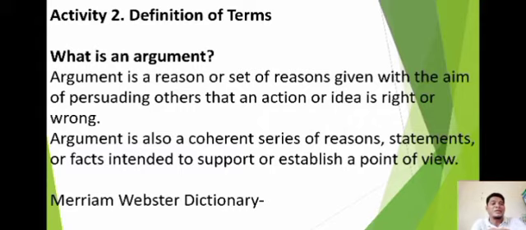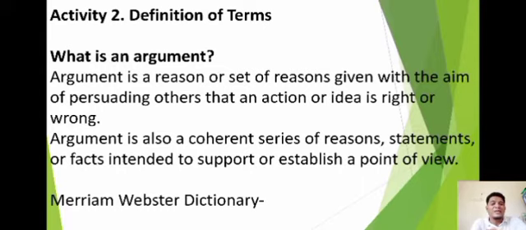It is not an ordinary reason, rather it is a kind of reason that's supported with facts, statistics, or anything that can uplift or push the argument or the idea, whether it is right or wrong.